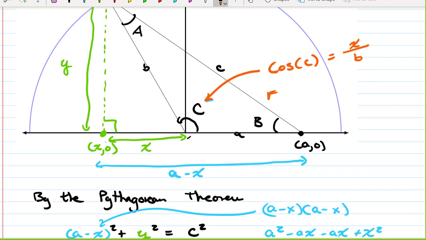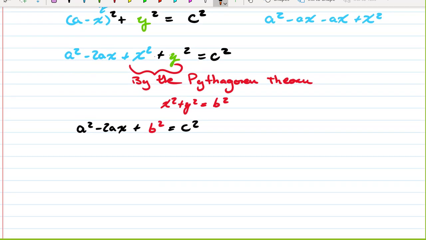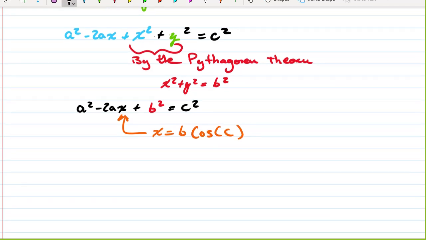Solving that equation for x gives that x is equal to b times the cosine of angle capital C.